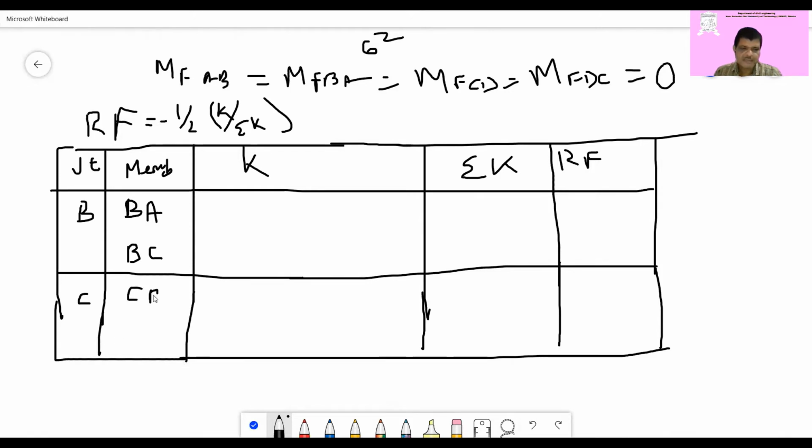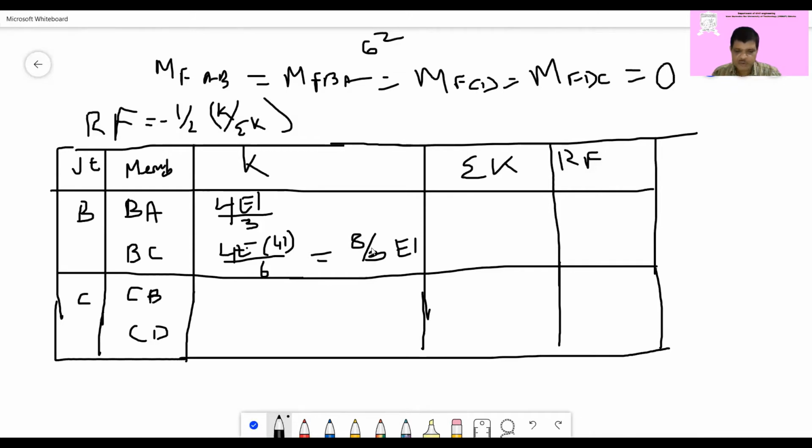Now, because all are fixed, it will be 4EI by L. What is the relative stiffness? We are getting stiffness here. So for BA, 4EI by 3. And second is BC, 4E, and I is here 4I. So you have to take 4E into 4I by L, which is equal to 16 by 6, so this comes out to be 8 by 3.